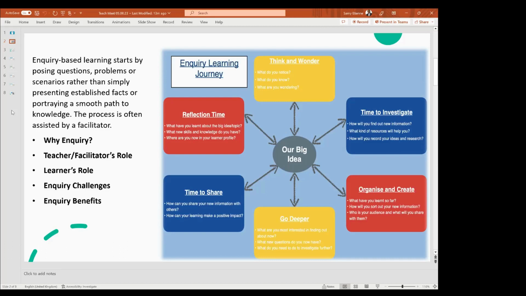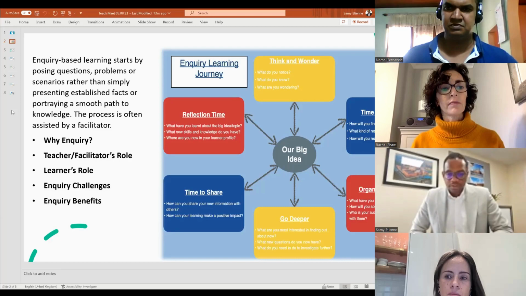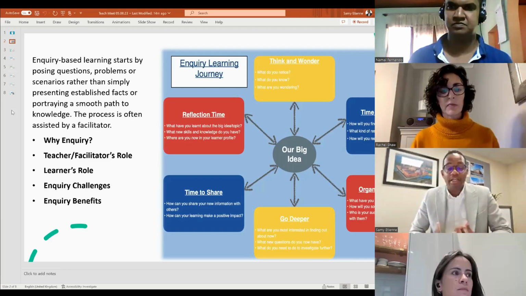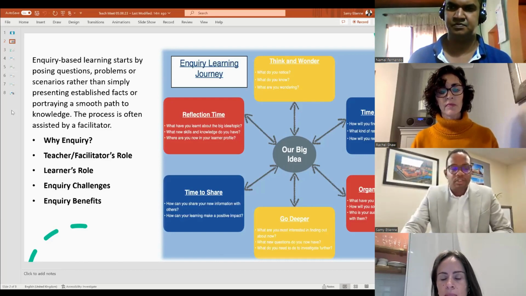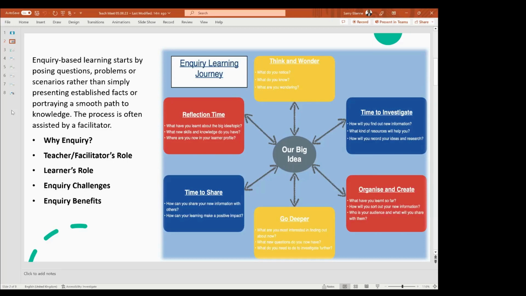It's a really hands-on learning process, with a sense of excitement, a sense of being absorbed in the content or the topic which is studied, and they celebrate, are really proud of their findings, and are able to explain their findings.